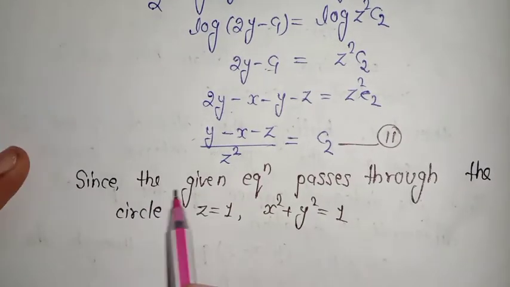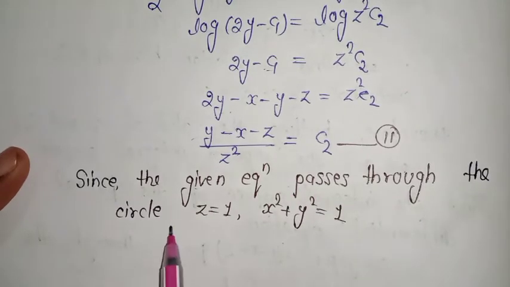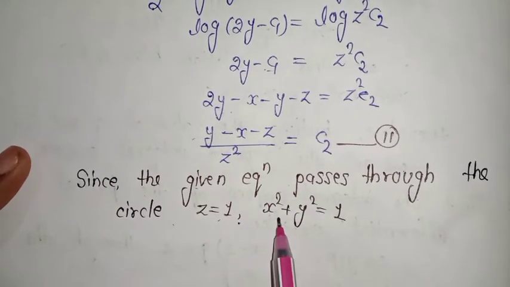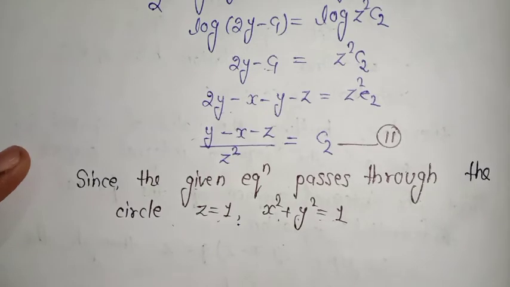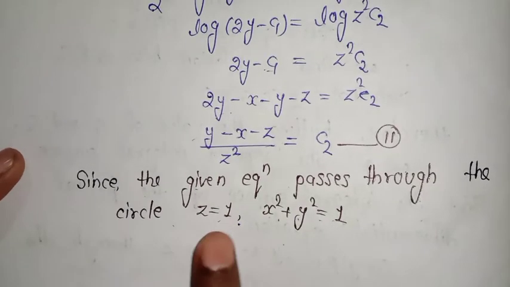Since it is given that the given equation passes through the circle z is equal to 1 and x square plus y square is equal to 1, then we can use these equations in the equation number 1 and 2.